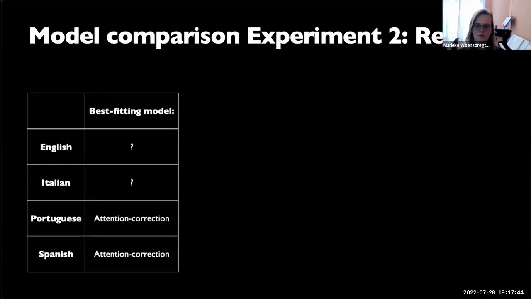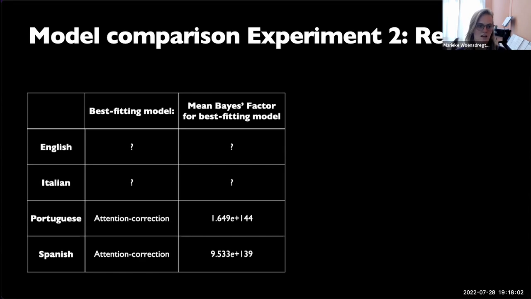And what we did in the model comparison is, instead of comparing the baseline egocentric and allocentric model, we compared the baseline model that came out as best fitting from study 1 for each of the languages with the corresponding attention correction variant for each of the languages. And what we found is that for English and Italian, we got quite ambiguous results.